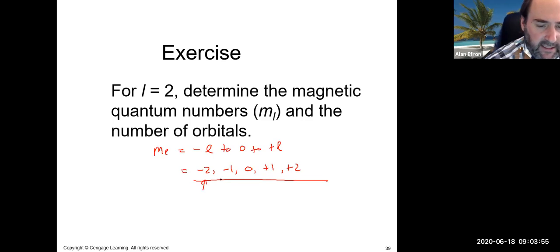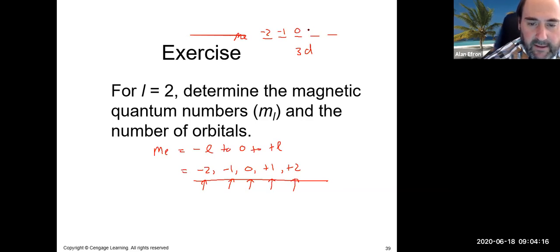Again, these represent each of the d orbitals in order, the different types. And by the way, it just represents those lines that I drew there, for example, 3D. This would be an m sub L of minus 2, minus 1, 0, plus 1, and plus 2.